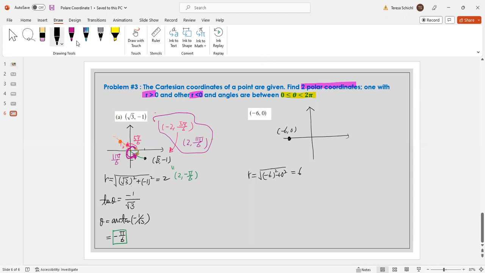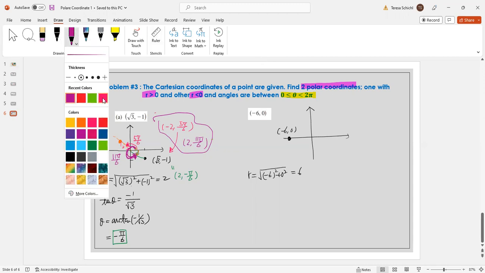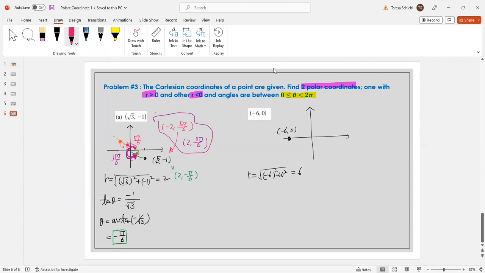If I swing here, because they want a positive angle, I go this way, and if I stop here, what is this angle? This will be pi, right? Because the terminal point is where I stop, this point I can rewrite as (6, pi).